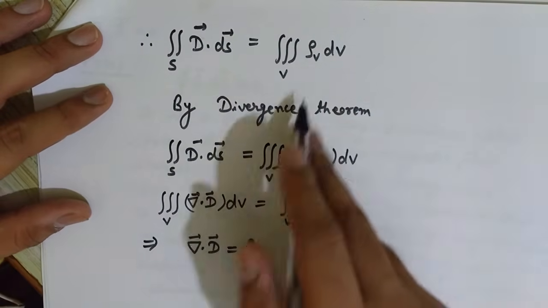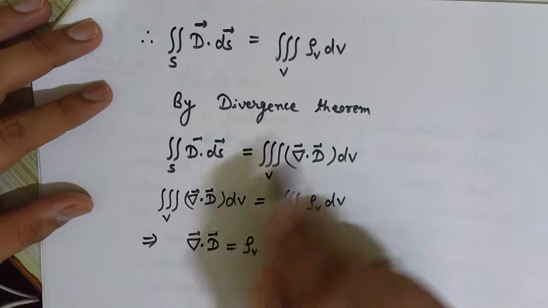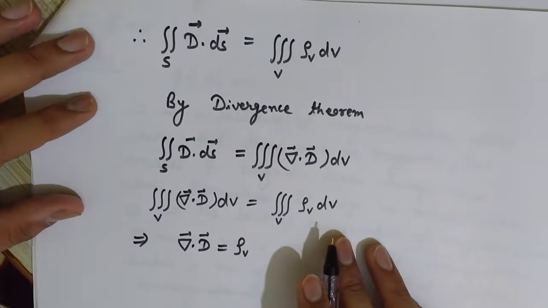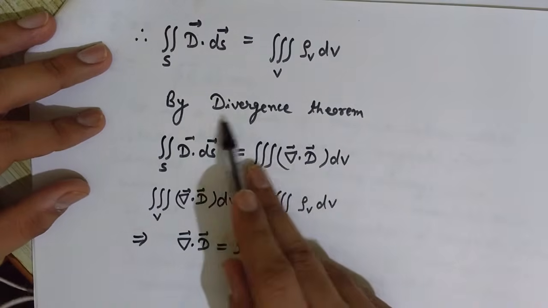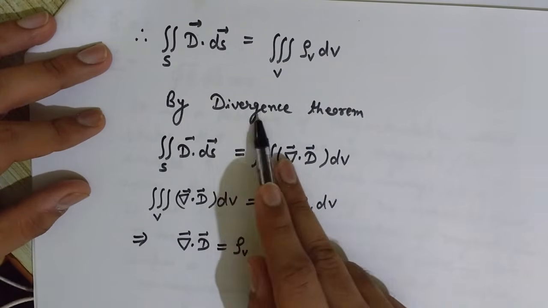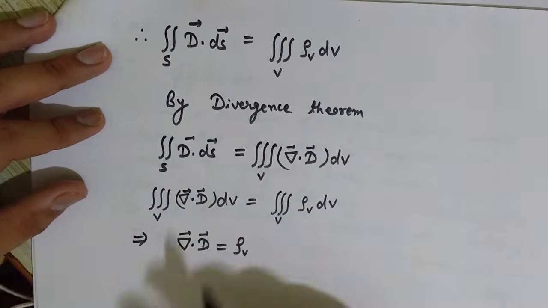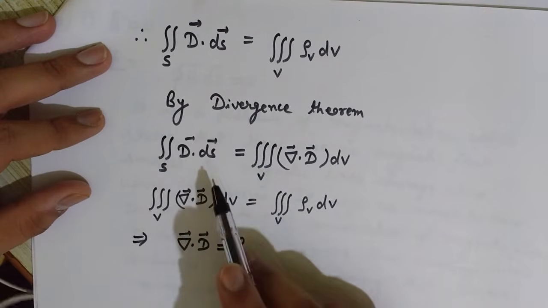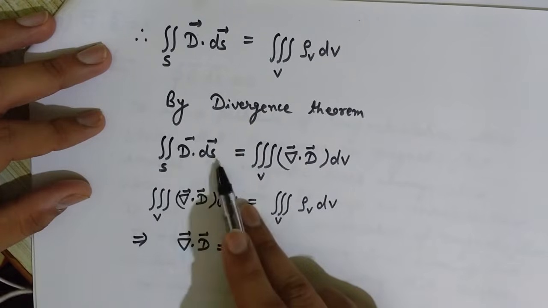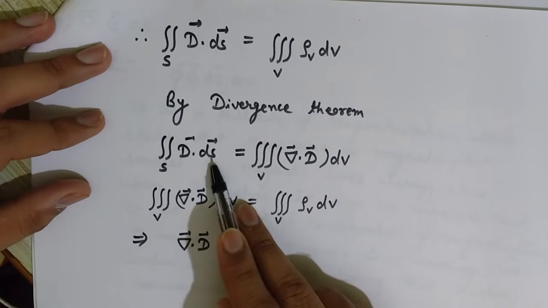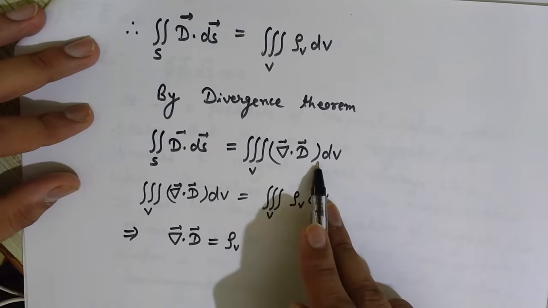The volume integral of rho v dv. Now by the divergence theorem, we have seen the Stokes theorem earlier in the proof of the first Maxwell's equation. Now we will see the divergence theorem, also known as the Gauss divergence theorem. Since the Stokes theorem shows the relationship between the line integral and surface integral, this is based on the relationship between the surface integral and the volume integral.